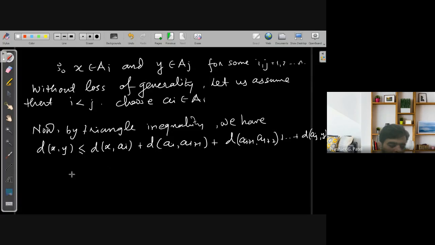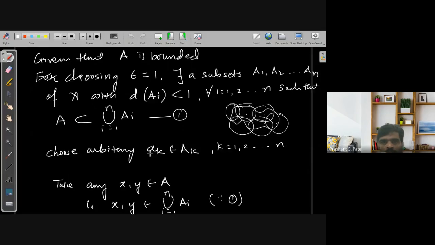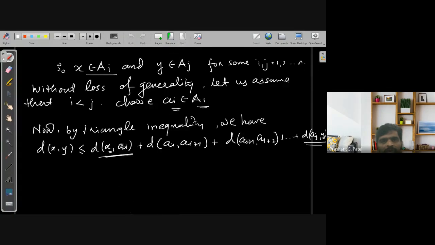Now further, x is in Ai and this ai is in Ai, so what will be the value of this? Due to the diameter of each Ai being less than 1, this will be less than 1, and the rest of the quantity will be the same.